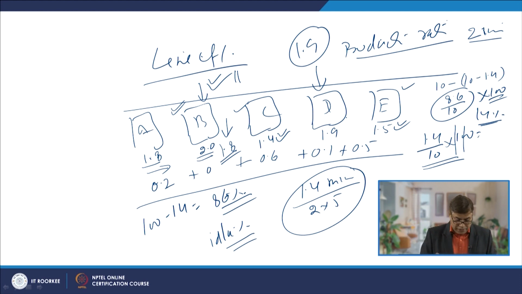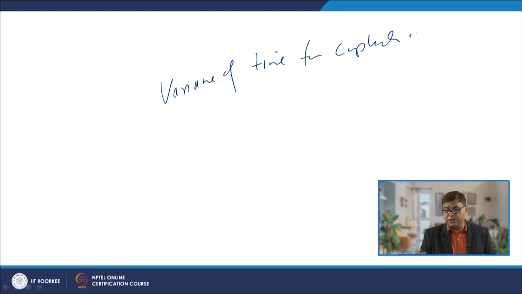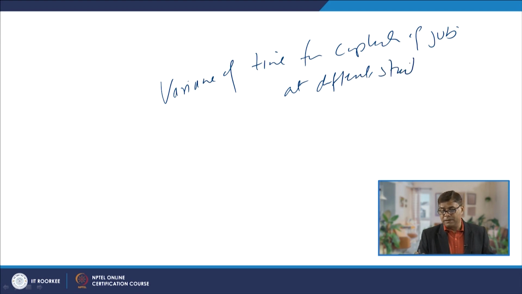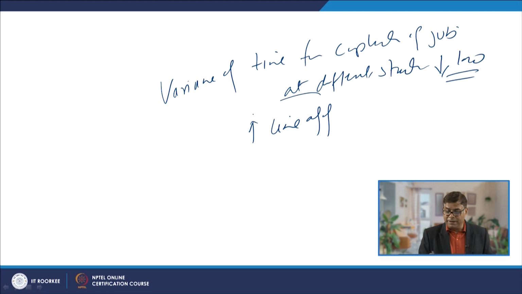So, the important thing here is that if the variance of the time for completion of jobs at different stations is low, then the line efficiency will be high.